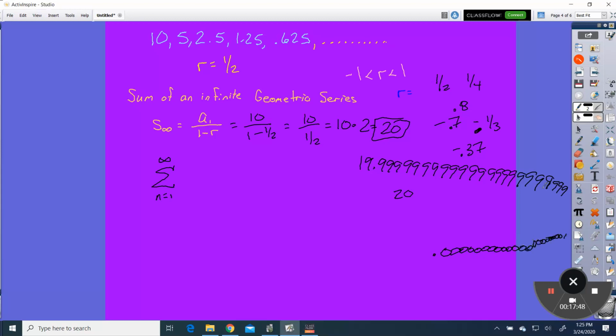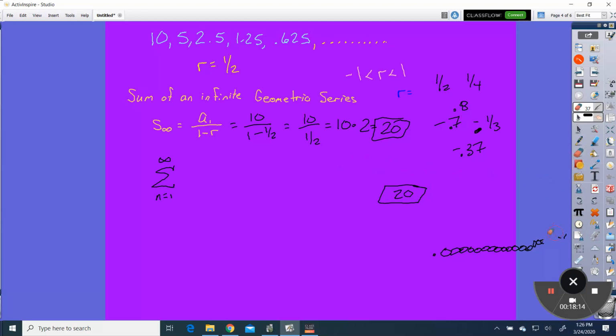If you added that onto this, it would make it turn into 20. This number is so small, you'd never even notice it. And that's not even how small the number is, because it keeps going forever. So even though it says it's 19.9999 forever, it's so close you'd never know it's not 20. Okay, so anyways, that's how the infinite one works.